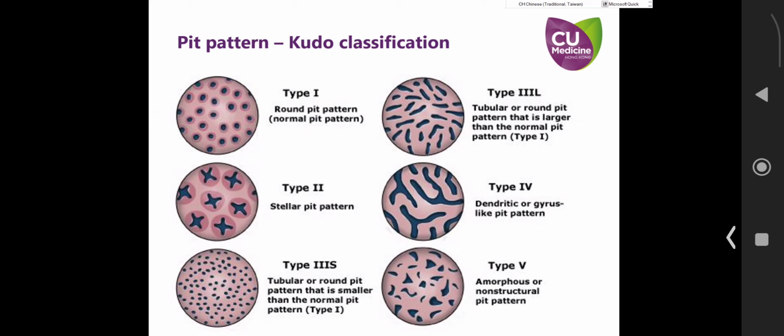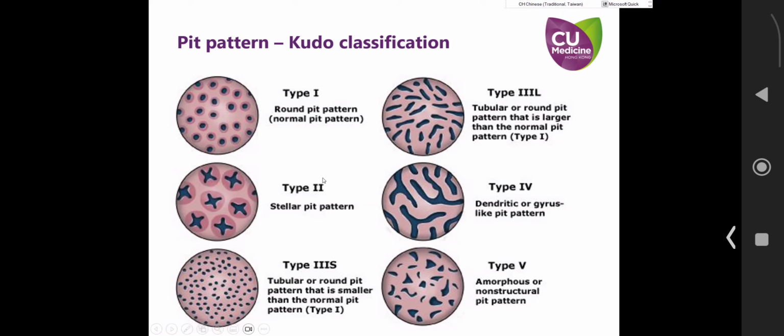So in my practice, I will usually stain the lesion with crystal violet with a spray catheter, just a small amount of crystal violet, and then you wait for 2 minutes, then the surface pattern will be highlighted. So you can see the usual crypts. If the lesion is actually normal, then it will appear just roundish.